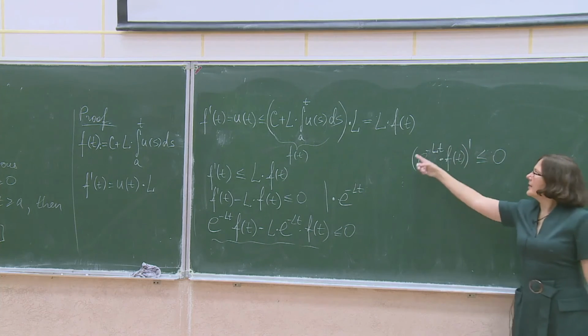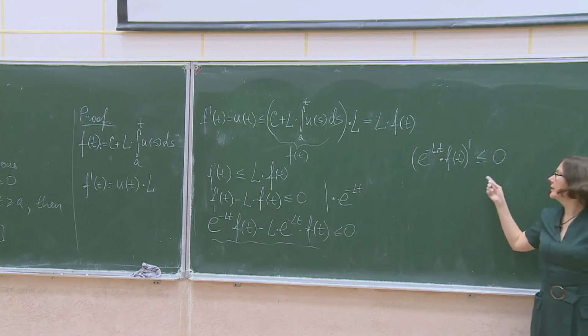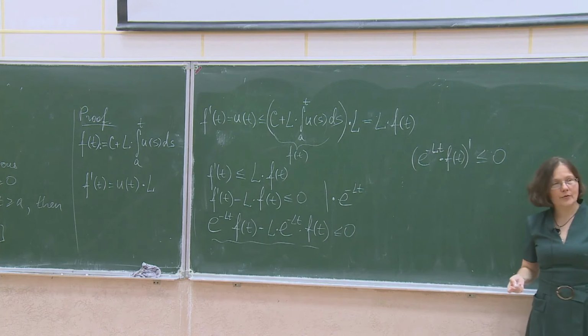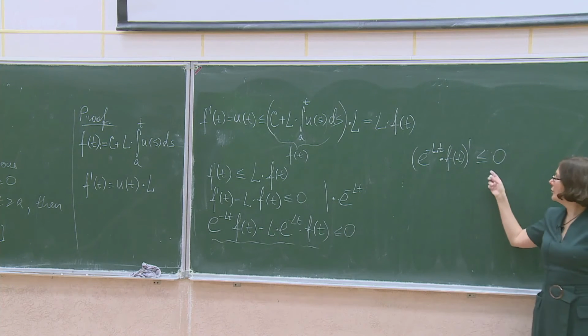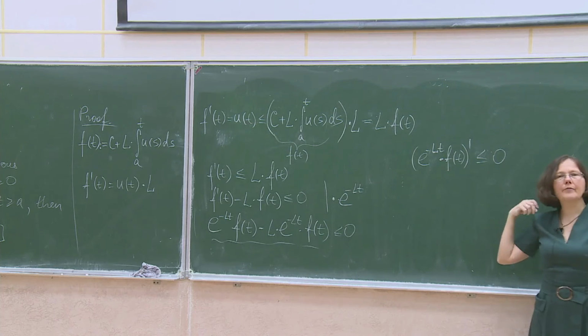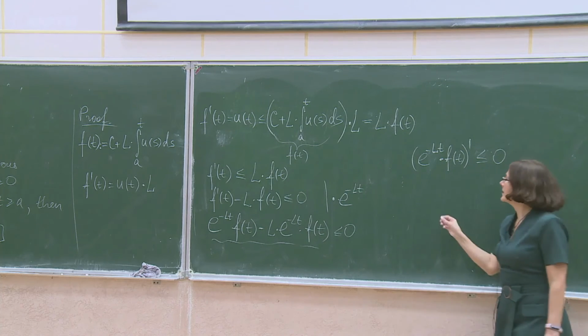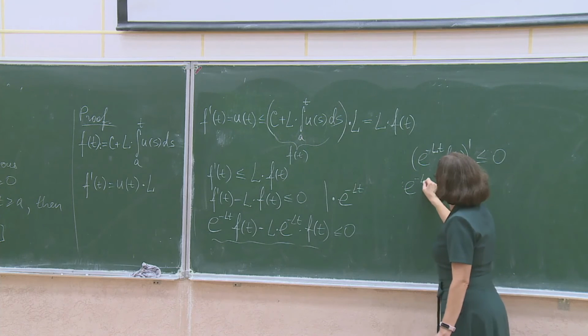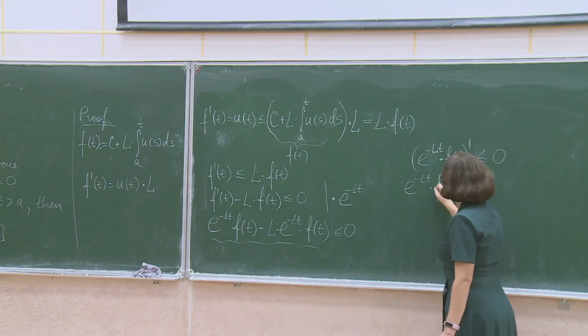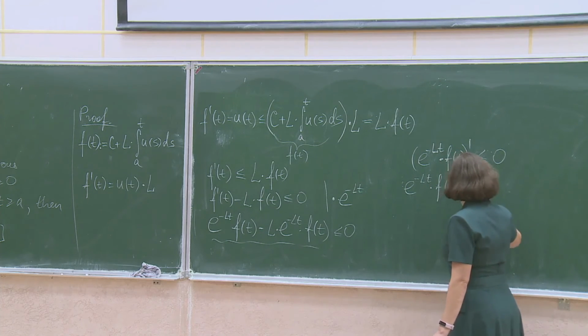So we can see that the derivative of some function is less than or equal to 0. So it follows from this inequality that the function is decreasing, non-strictly decreasing. E to the power minus Lt times f of t is a decreasing function.